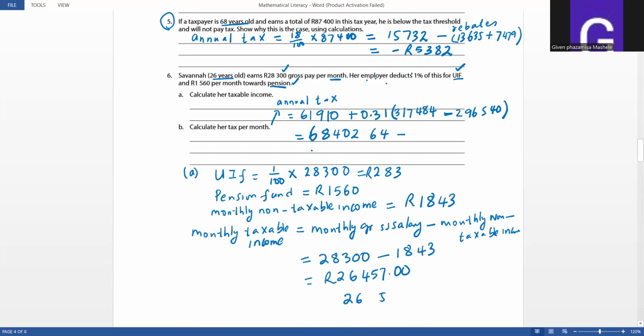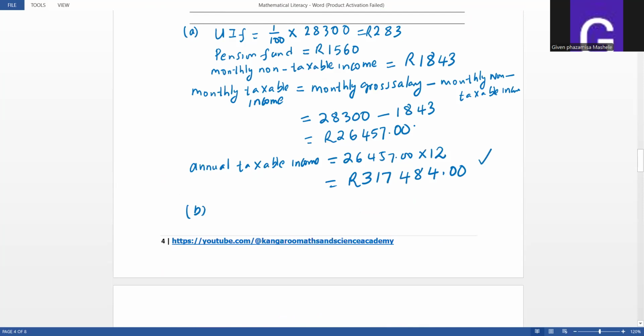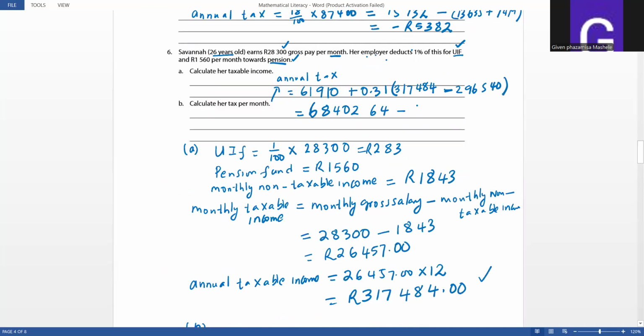So the annual tax will be minus 13,635, which is 54,767 rand and 64 cents. But now we want tax per month.